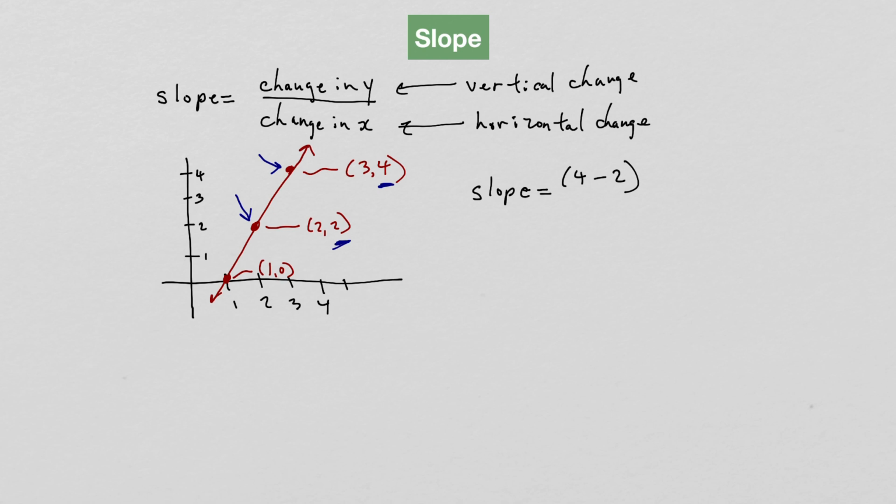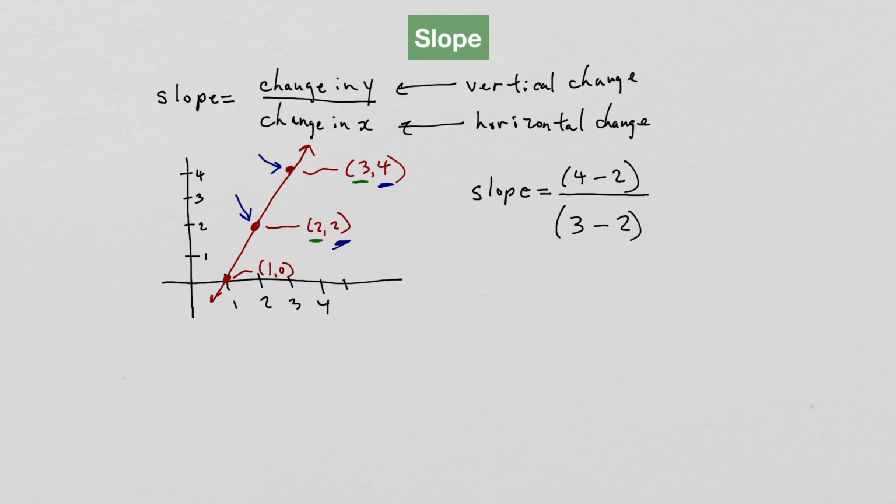And since we're taking the y value of the higher point in the line, we need to do the same thing with the x. So the x value of the higher point of 3, 4 is 3, and the x value of 2, 2 is 2. Okay, so we just took this 3 value minus this 2.